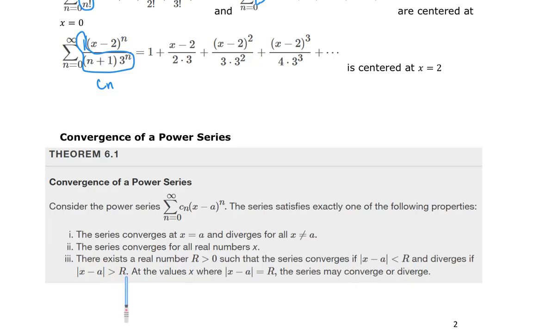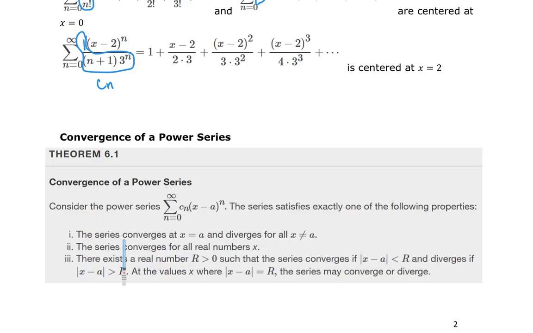And we're going to call this r the radius of convergence. For all values of x where the absolute value of x minus a is equal to r, we have to check those endpoints to see if the series converges or diverges. So this gives us our interval of convergence.